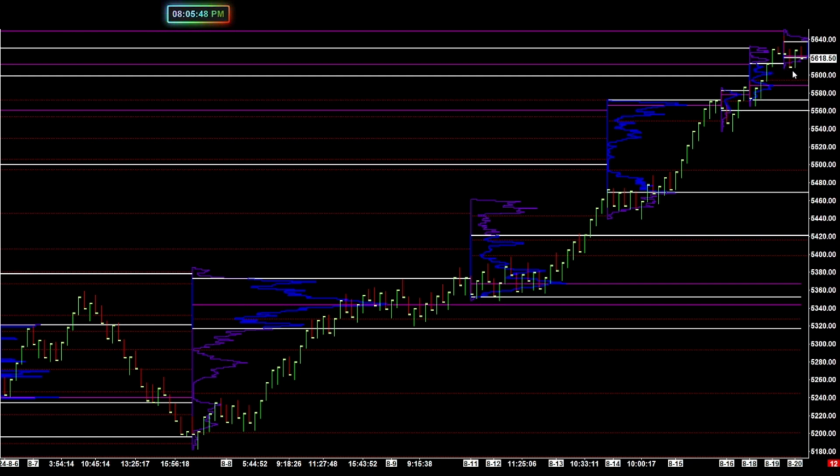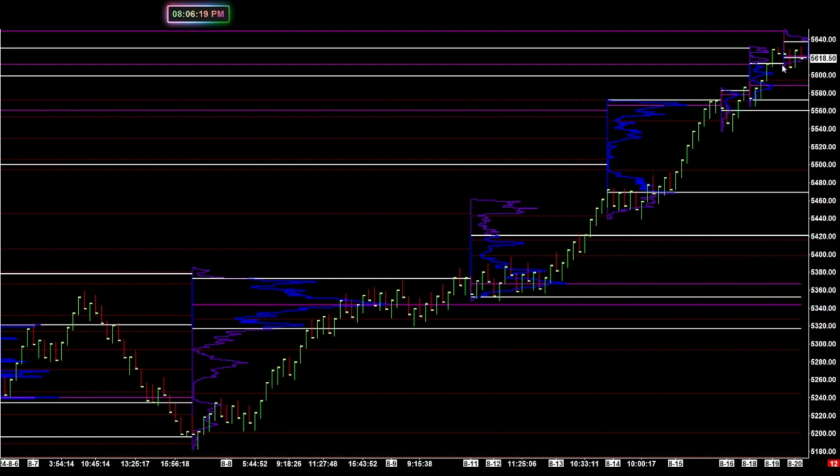I wouldn't consider this major at all, but it is something that we could break below, then reject off of. So that gives me a safe entry up here. You could think of this as a micro range. If I'm trading a 3-second chart, it's about the same size on the screen at least. So this is a micro range. Then when it tests higher, I was able to get my put in up here. I'll show it later.